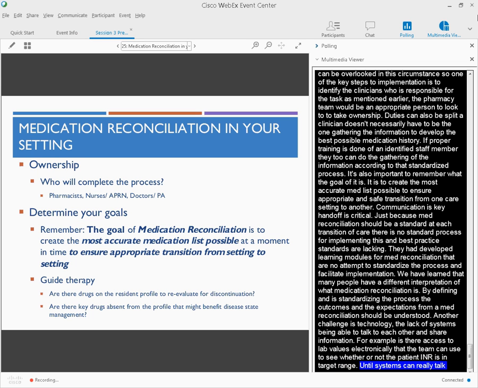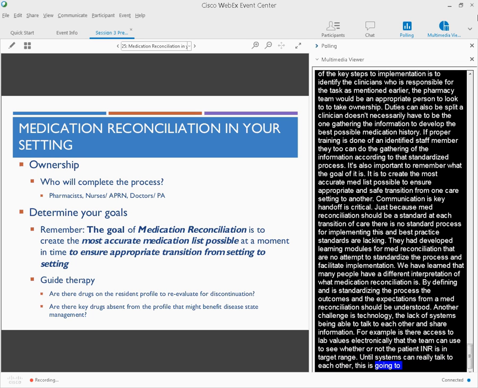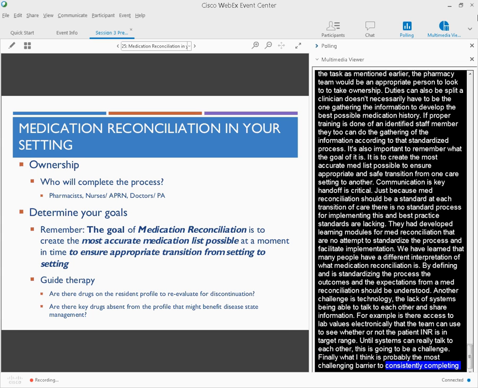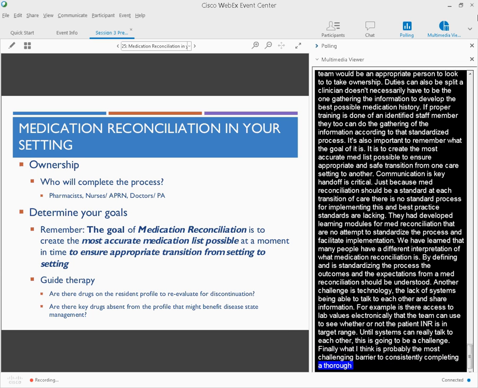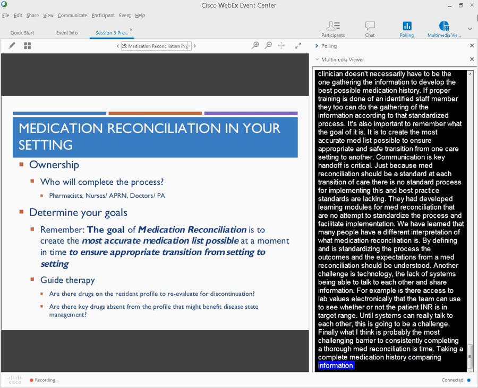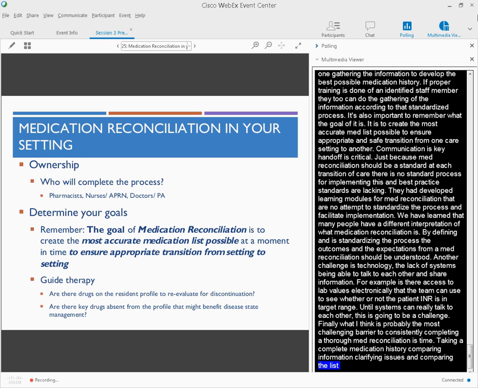And finally, what I think is probably the most challenging barrier to consistently completing a thorough med reconciliation is time. Taking a complete medication history, comparing information sources, clarifying issues, and comparing the list to current needs at the transition of care is a time-consuming process.